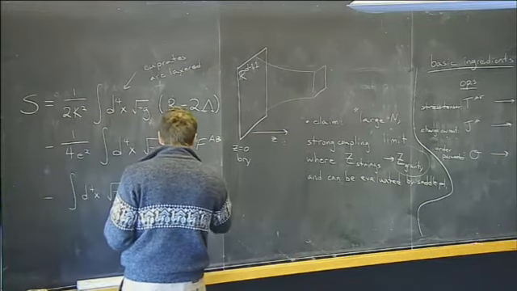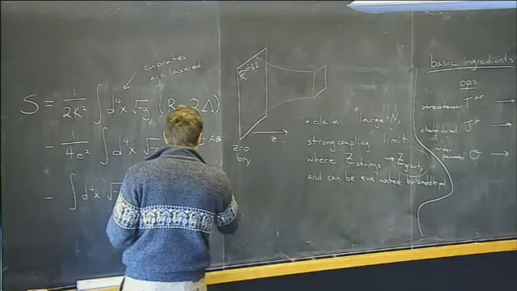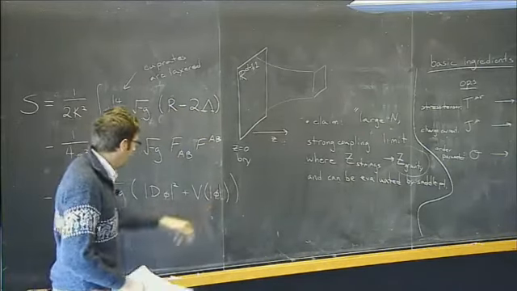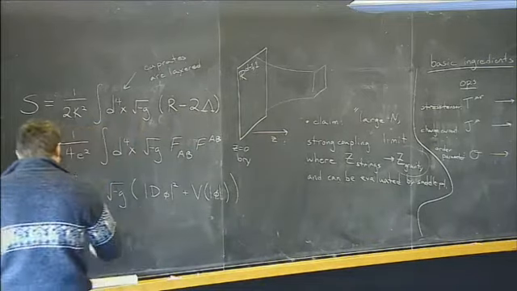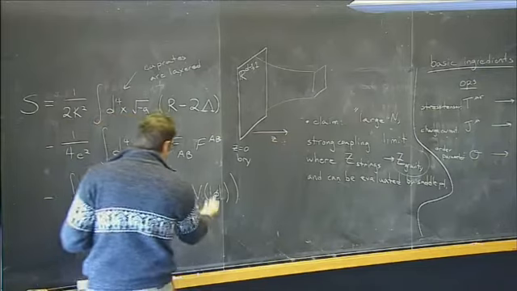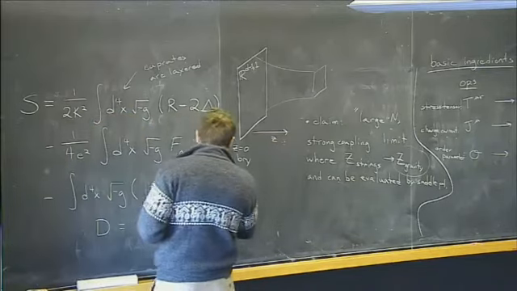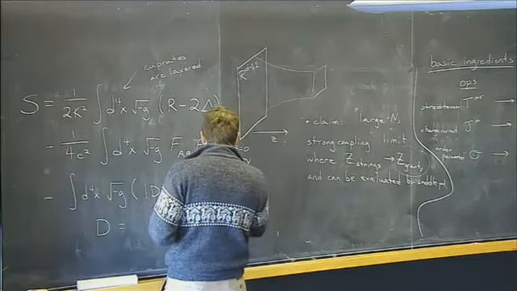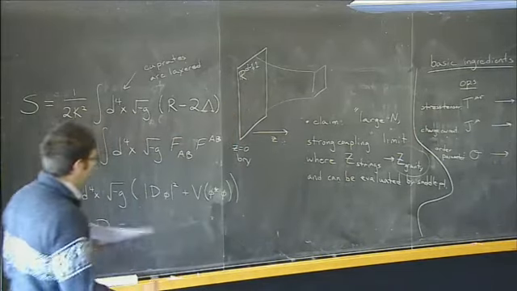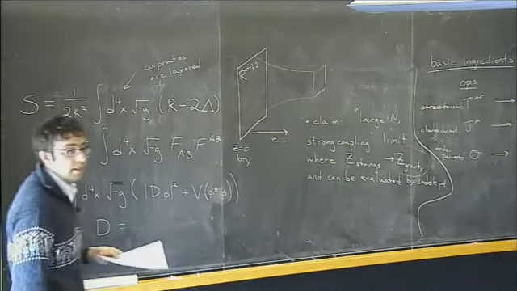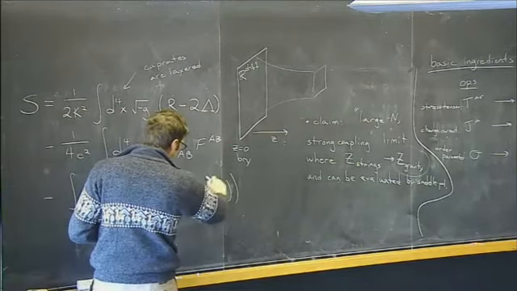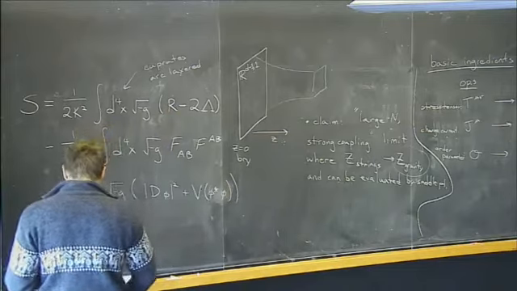I'm going to allow for some arbitrary potential that respects the U1 symmetry, so it's a function of the modulus of phi. I don't want to really allow for non-singular things. Maybe I shouldn't allow the square root of this term. Maybe I should only allow phi star phi.